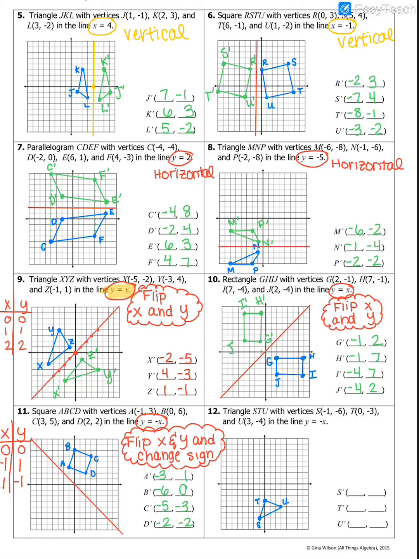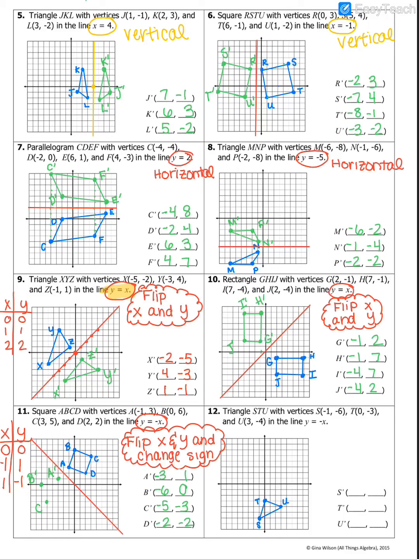All right, so those are my points. I'm going to go plot those, and then we'll have our new picture, and then we have one more to do, and we'll be done. So -3, 1 is right here. There's A prime. -6, 0 is right here for B prime. -5, -3 is here for C prime.